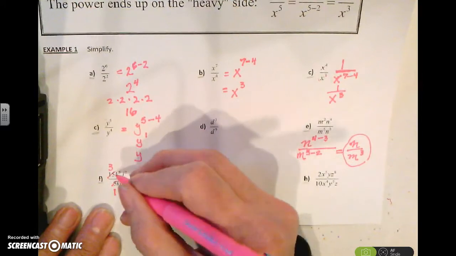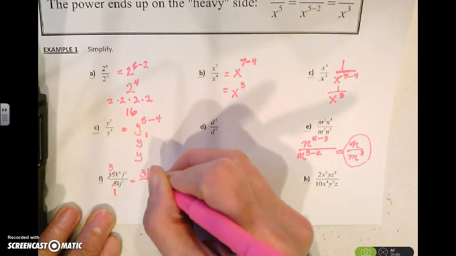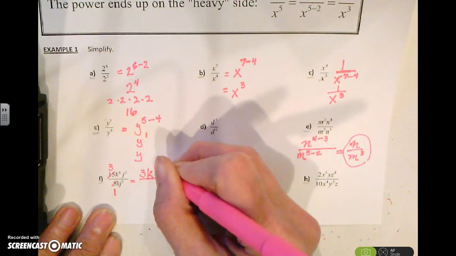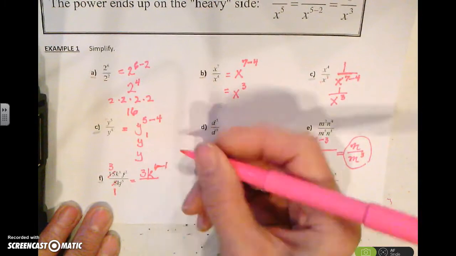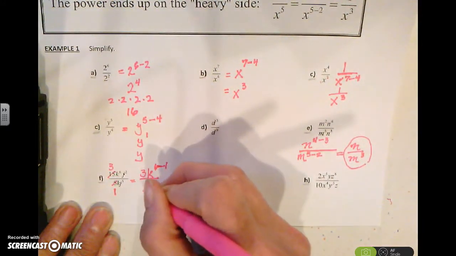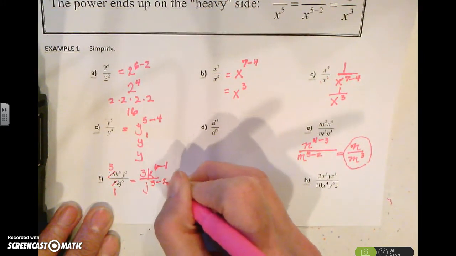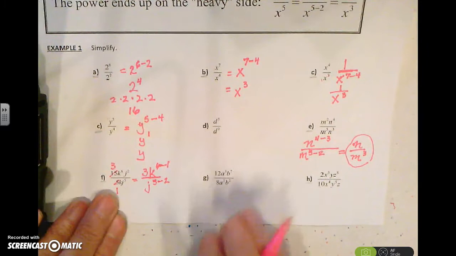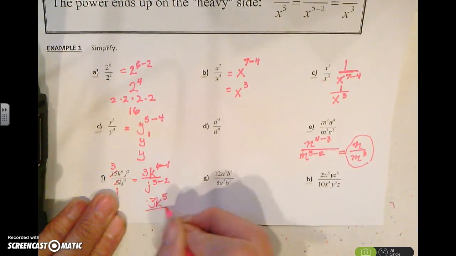And then for our k's, the 6 is heavier, so I'm going to have k to the 6 minus, and if there's not a coefficient, it's understood to be 1, so 1. And then for my j's, the 5 is heavier in the denominator. So j to the 5 minus 2. So then that will be 3k to the 5th over j to the 3rd.